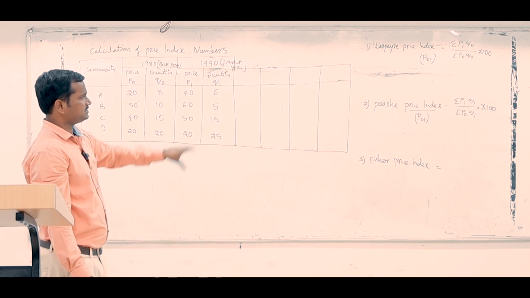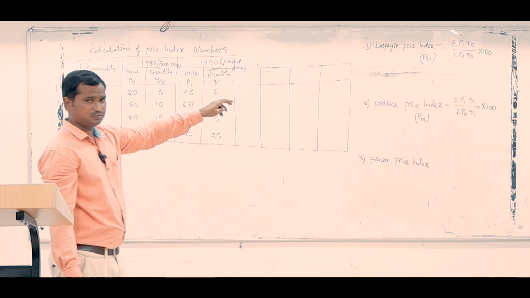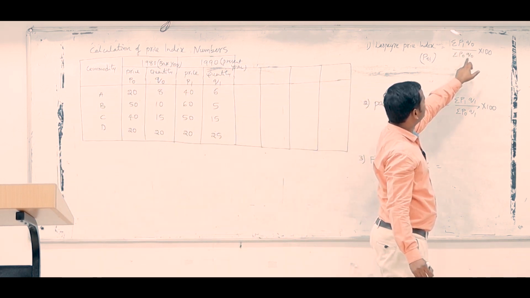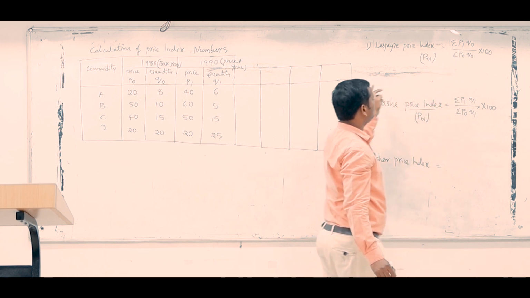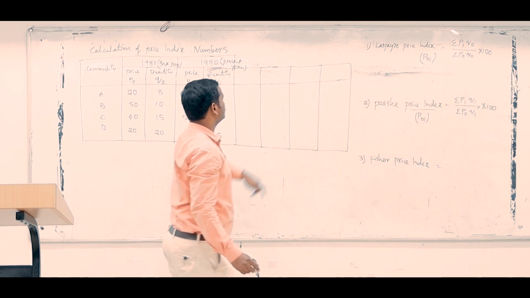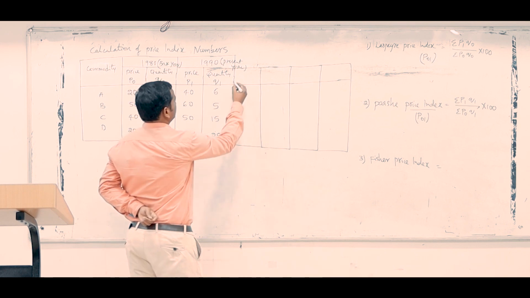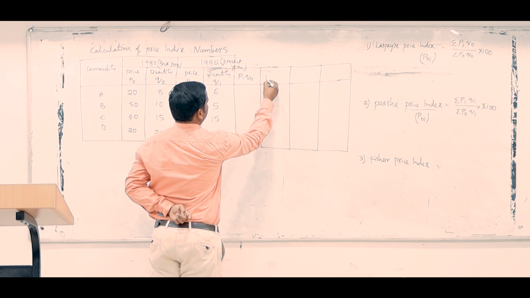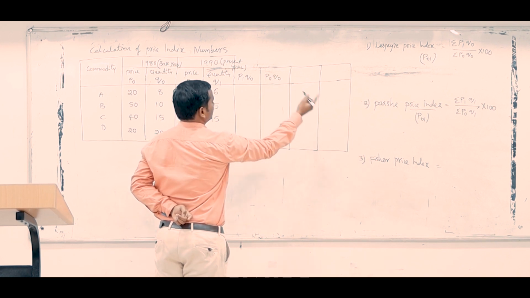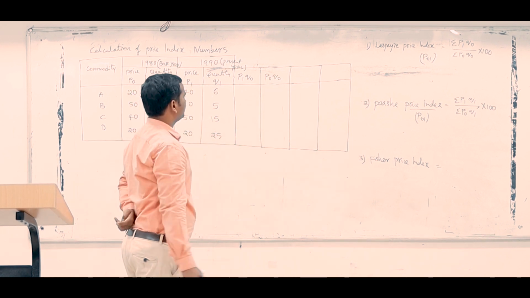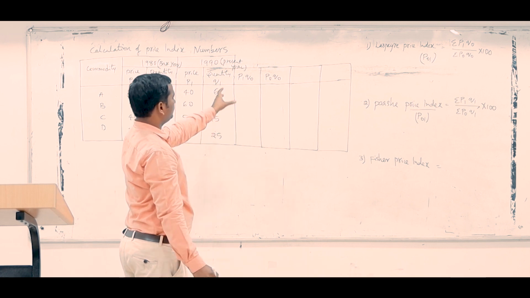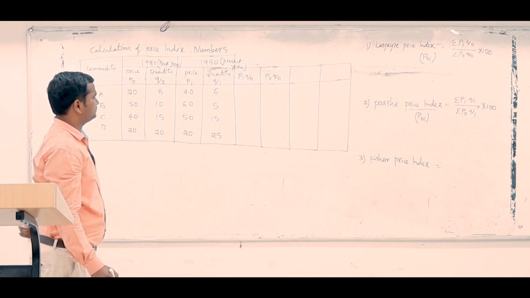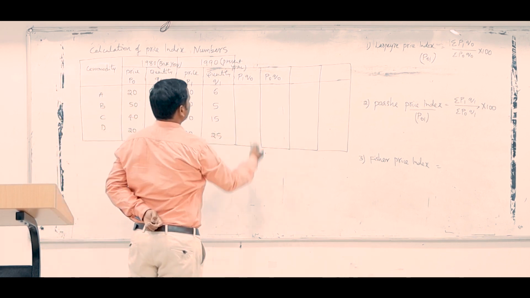As per that formula, whatever terms we need, we need to calculate P1 Q0 and P0 Q0. We have to prepare columns for those terms. The first is P1 Q0 and the second is P0 Q0. Those are the two columns we should prepare to find the price index for the Laspeyres method.